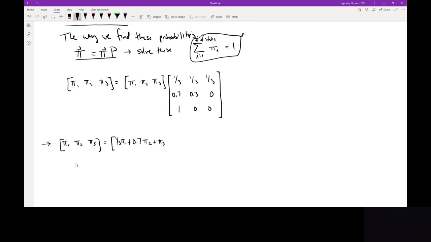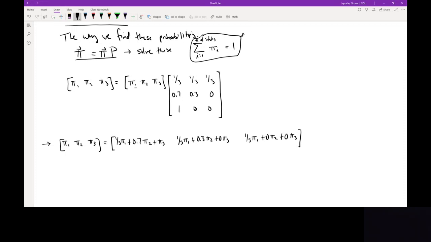The next one is this row by the second column. So pi 1, pi 2, pi 3 multiplied by the second column gives us our second row, which is 1/3 pi 1 plus 0.3 pi 2, and then plus 0 pi 3. And then our last row is 1/3 pi 1 plus 0 pi 2 plus 0 pi 3. There's a reason why I'm leaving those zeros on there, but we'll see that in a second.